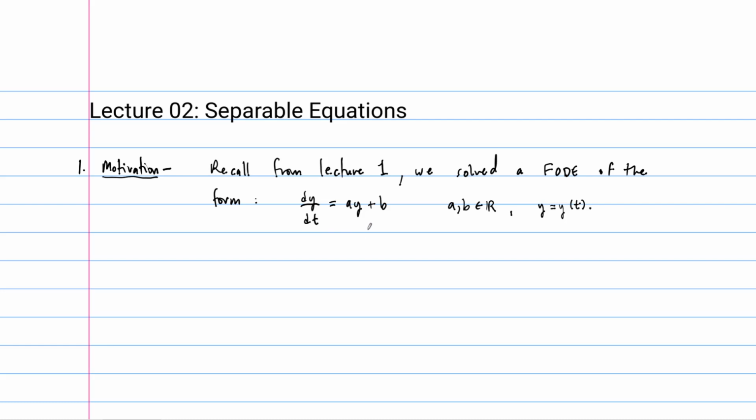So what we did in the last lecture was we factored out this constant a from everything, and we wrote this equation as dy by dt equals a times y plus b over a. Then we divided through both sides of the equation by this term, y plus b over a, right? And at the same time, we multiplied both sides of the equation by dt.